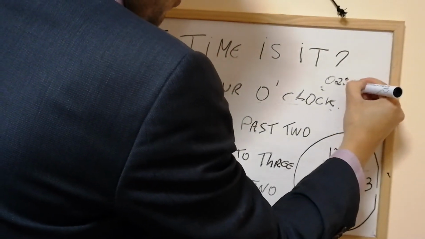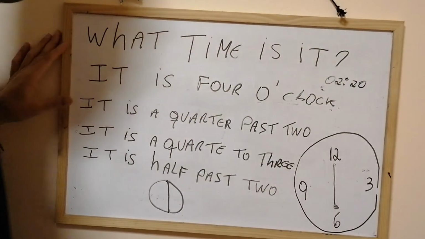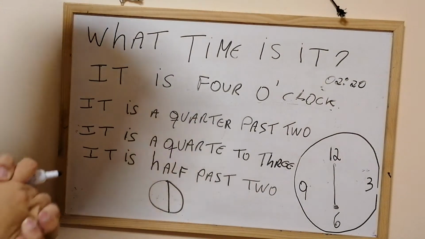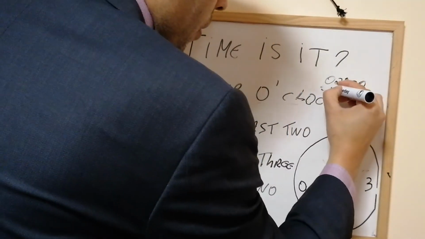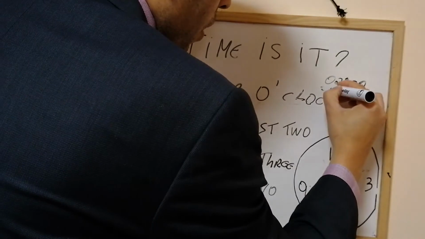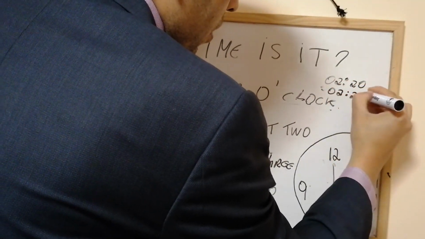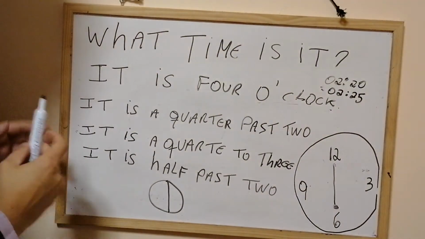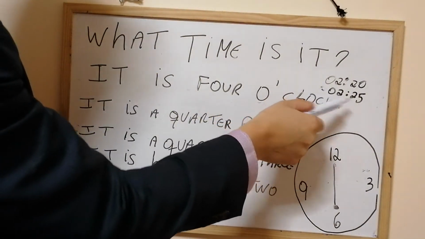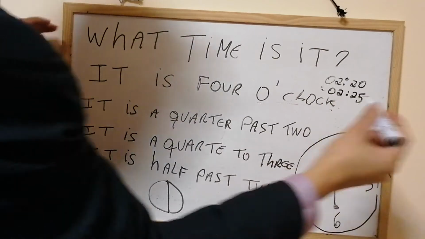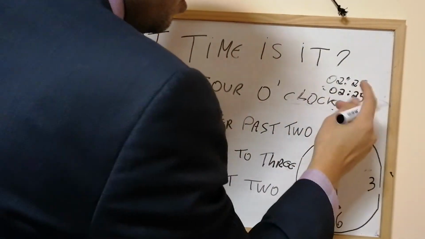If we have the hour of 2:20, it is 20 past 2. Or if it is 2:25, okay, 2:25, it is 25 past 2. Or now that's a good one.